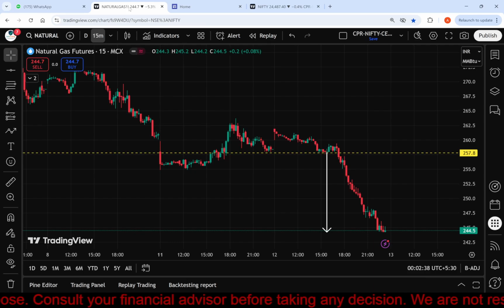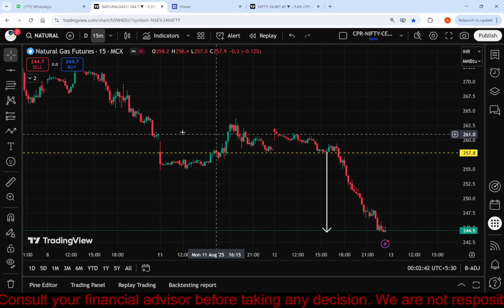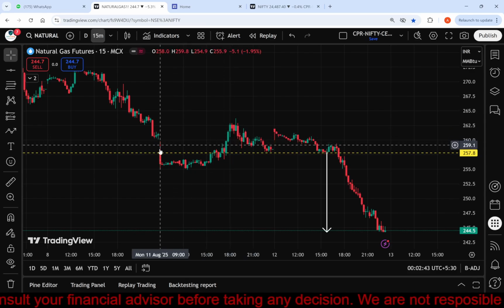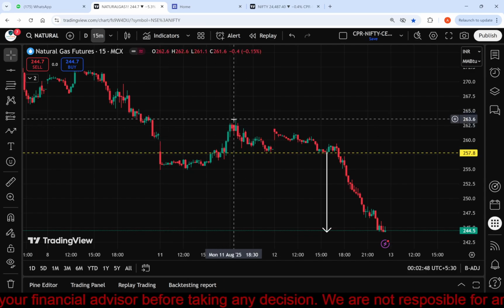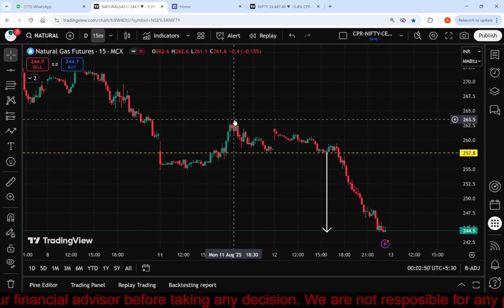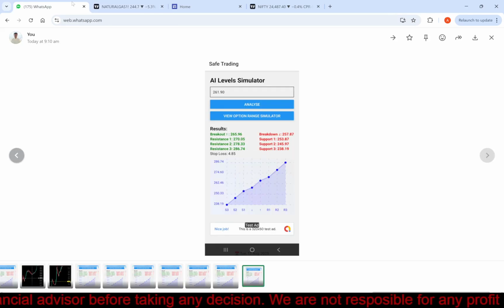So what is the result here? Natural gas opened near 261 and went up to 263.4, but the breakout level, 265.96, was not reached.